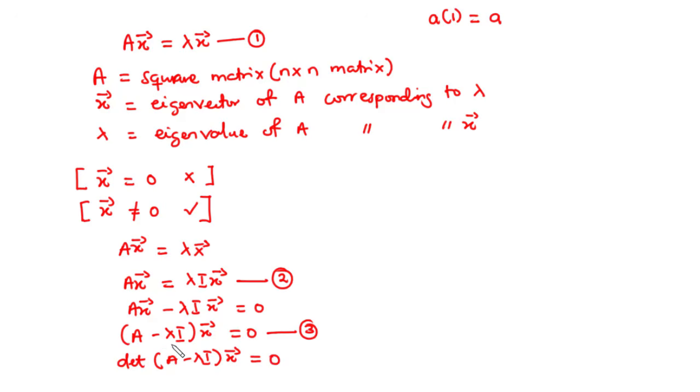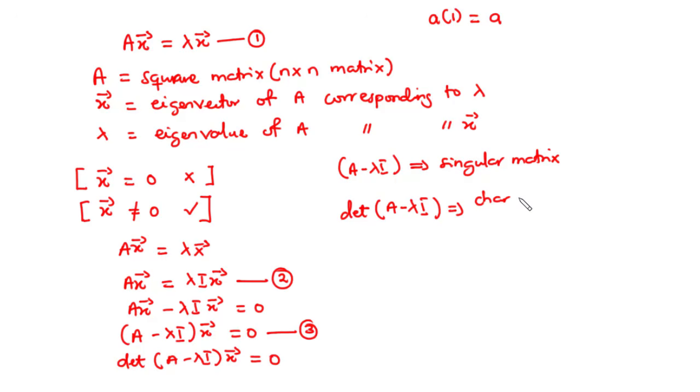Notice that this matrix, which is A minus lambda I, is a singular matrix because its determinant is equal to 0, and therefore this matrix has no inverse. Also, the determinant of A minus lambda I gives rise to a polynomial, and we call this polynomial the characteristic polynomial.